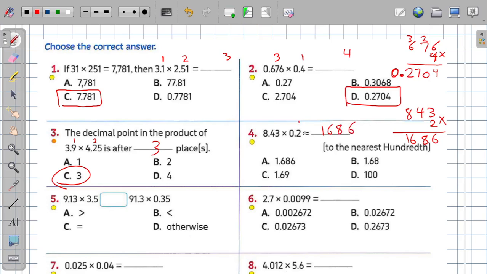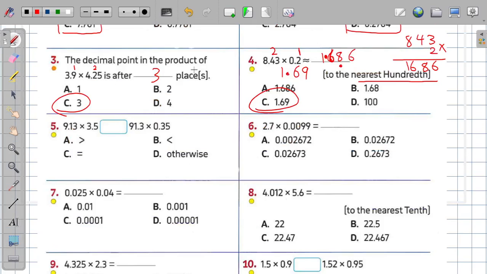And I have 1 decimal place and 2 decimal places, so the result will have 3 decimal places. So I will write the decimal point between 1 and 6. So the result will be 1.686. But I want to round it to the nearest hundredth. I have 8 in the hundredth place, and the next digit is 6, so I will add 1 to 8, so it will be 9. So the result will be 1.69, and this is the choice C.